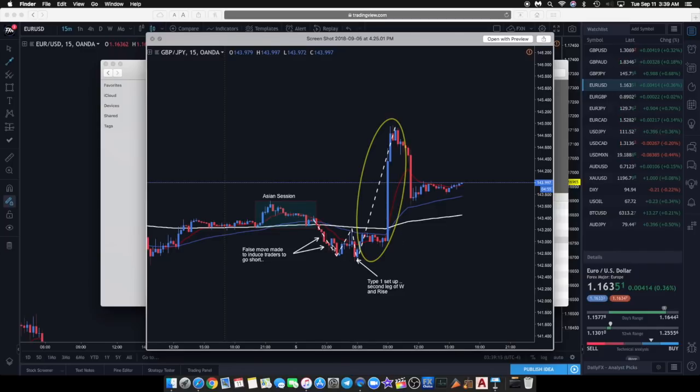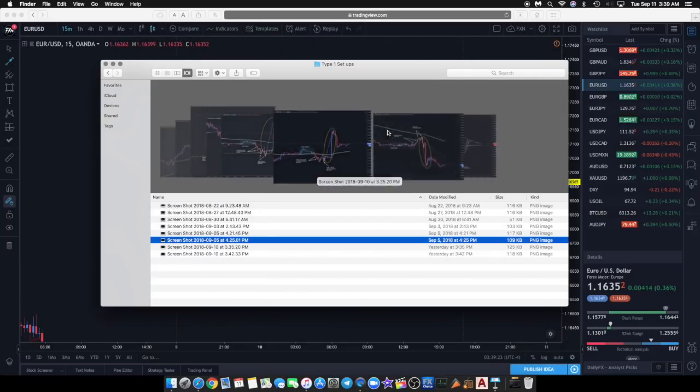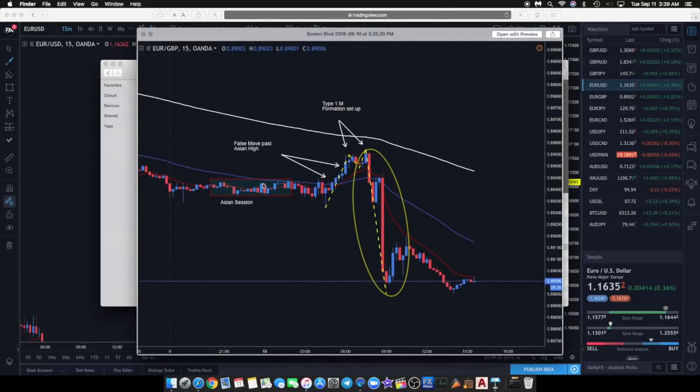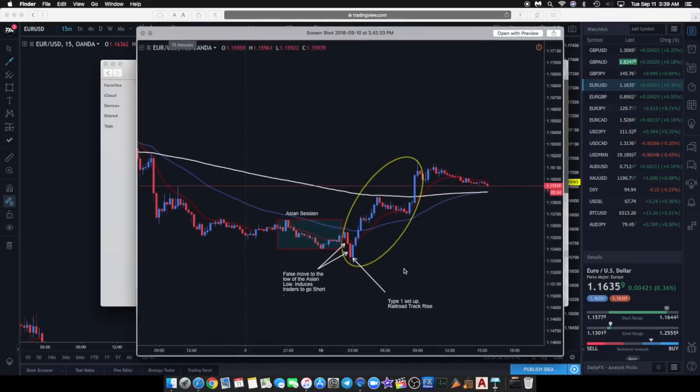Here's another one, false move down, came back up, came back down, and rise. Here's another one, Asian range here. Here's our false move, came back up, retested, and then drop. Okay, and the last one.